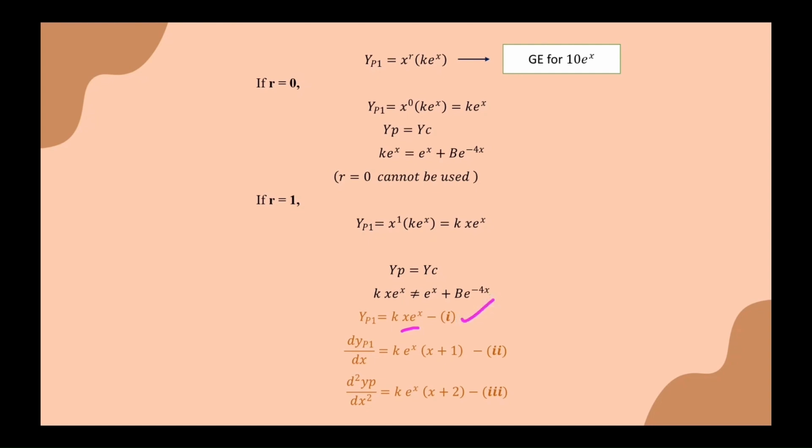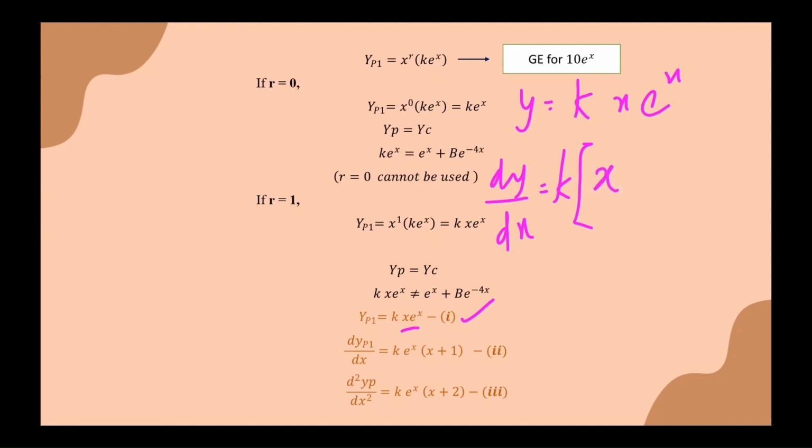This is our first equation, and we can determine the second equation when we differentiate it once. So y equals k x e^x. When you differentiate this, you put the k outside, and differentiate x first.